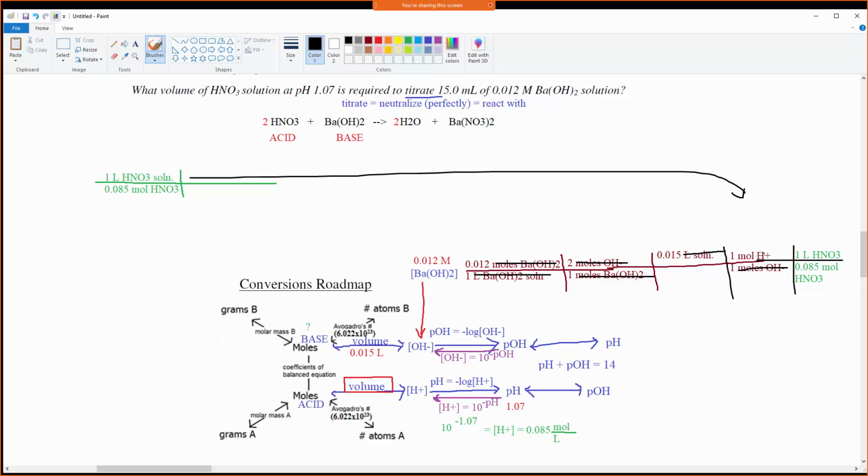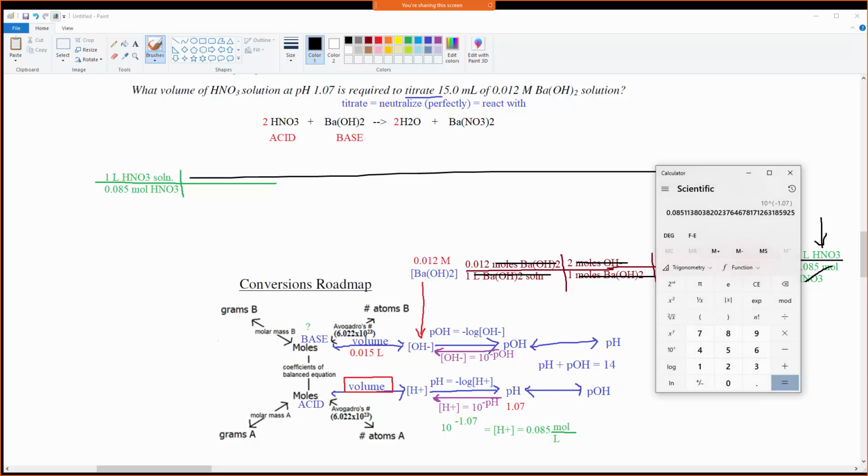So when I do this, the moles of H plus, which is the same as moles of HNO3, cancel. Everything cancels except for the liters of my HNO3.